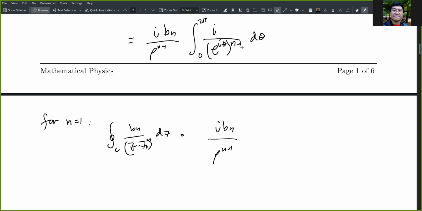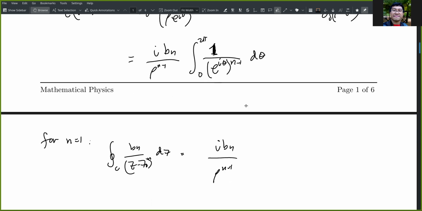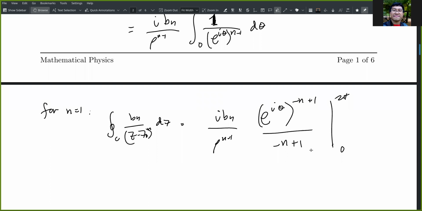Just do this integration: we get e^(i theta (minus n plus 1)) divided by (minus n plus 1), evaluated from 0 to 2 pi.